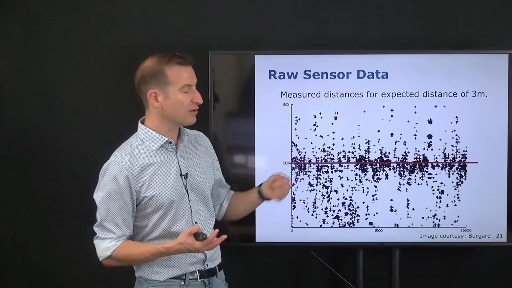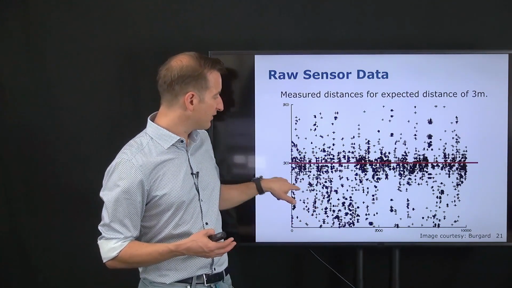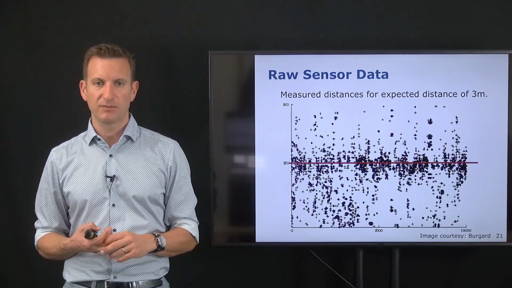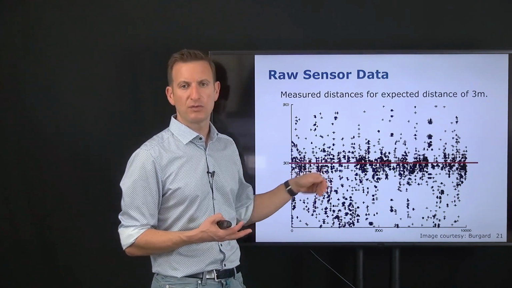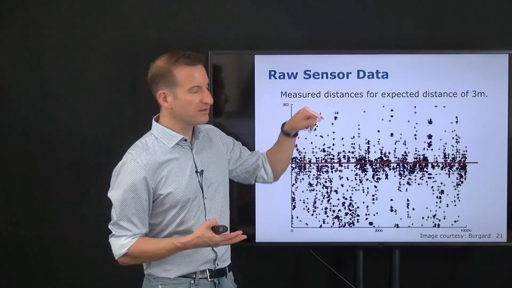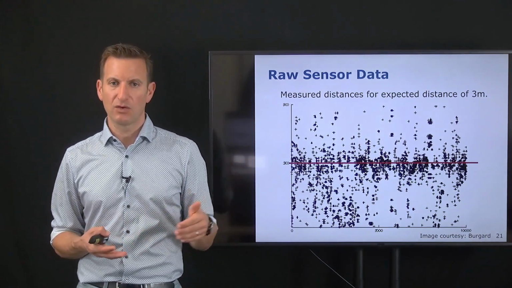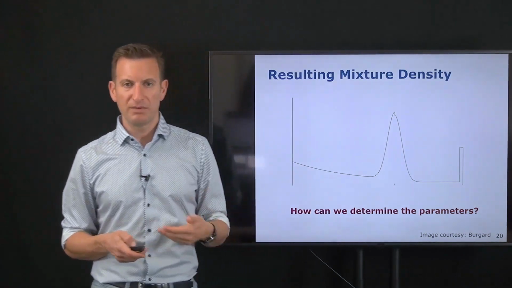This was an environment where a lot of people were walking by. And these are the results, how often you received a certain range reading. So I can take this data, which of course only holds for an expected distance of 3 meters, and then fit my models to it. The 4 components of this model will be fitted to that data.